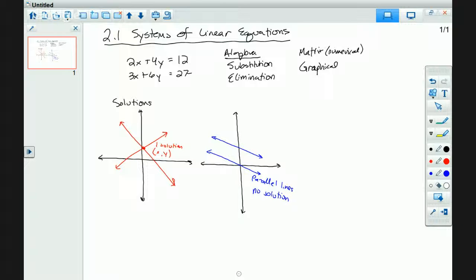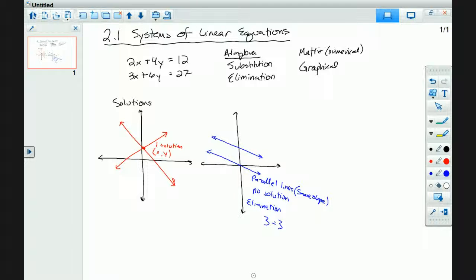What would that look like algebraically? What would happen if these were parallel? Yeah? Okay, so we have the same slope. If I were to use elimination, you get something like this.